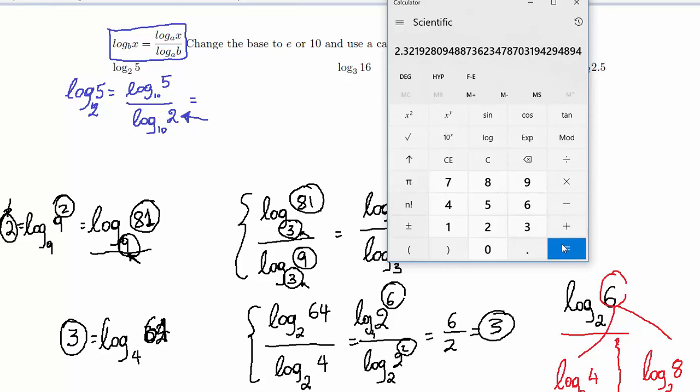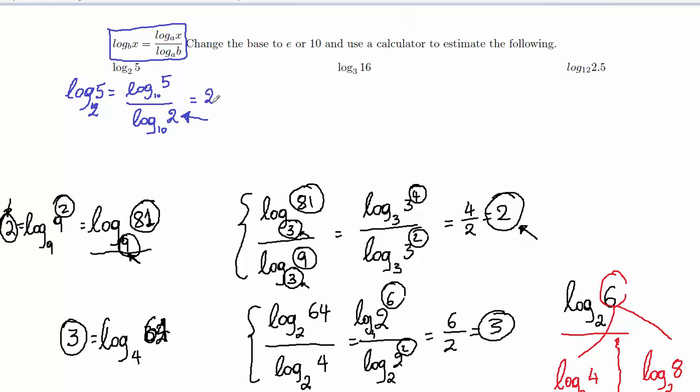This is equal to 2.3219, and that's my answer, 2.3219. Remember that this is a number with infinite non-repeating digits.